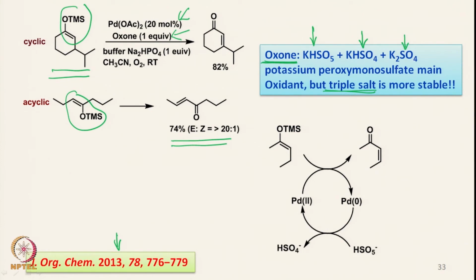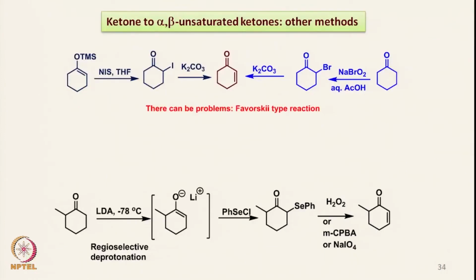So, as you can see from here, the enol silyl ether is converted to the corresponding enone where palladium 2 has gone to palladium 0, and the palladium 0 reacts with this potassium peroxymonosulfate, which gets reduced, and the palladium 0 gets oxidized to palladium 2. This is one of the latest applications of the Saegusa reaction.